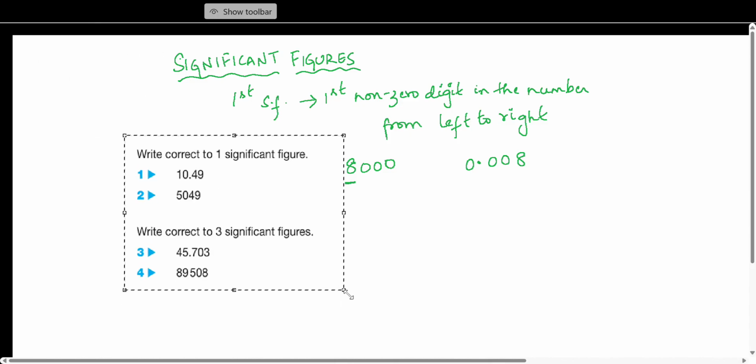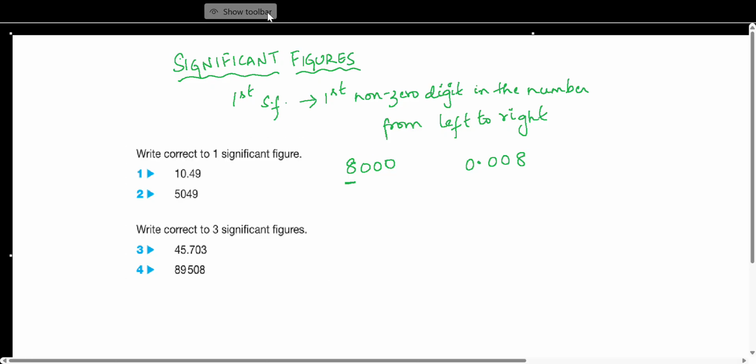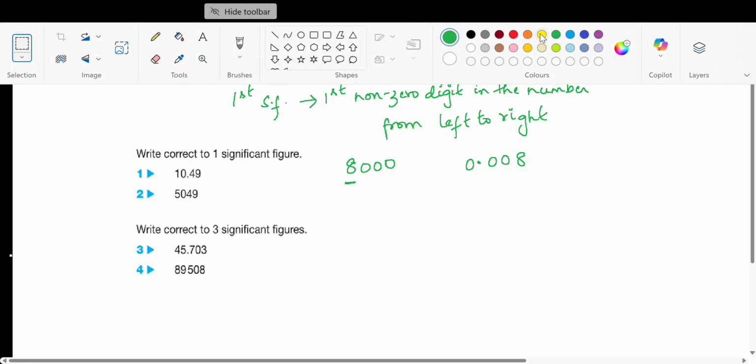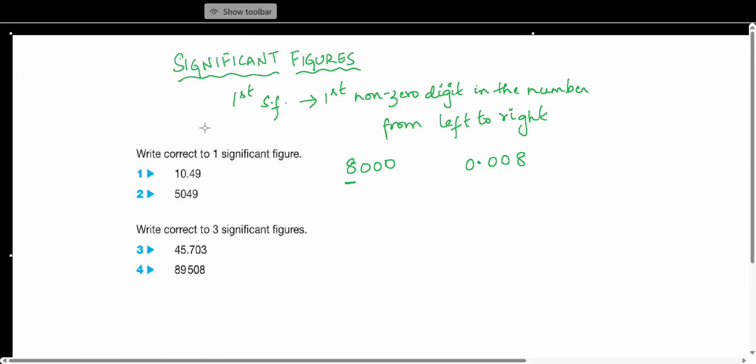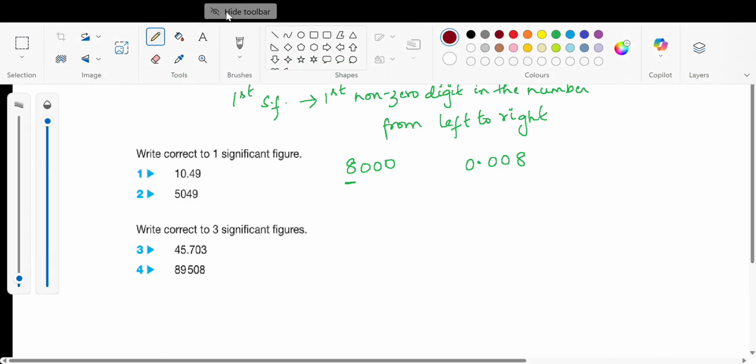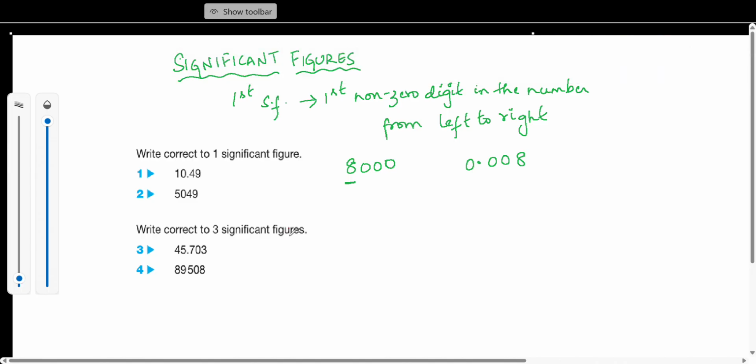Let us take the example of these four. Now, the first one, 10.49. We must write correct to one significant figure.